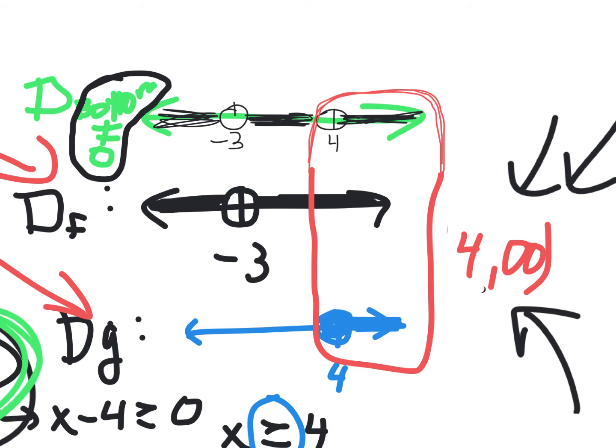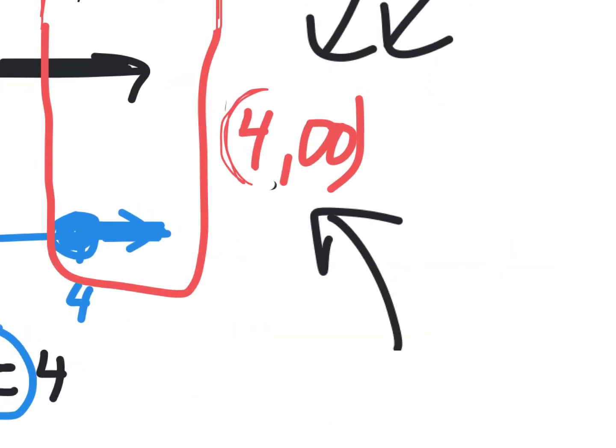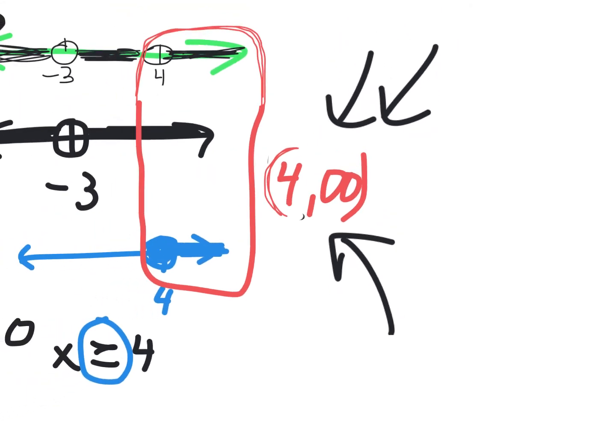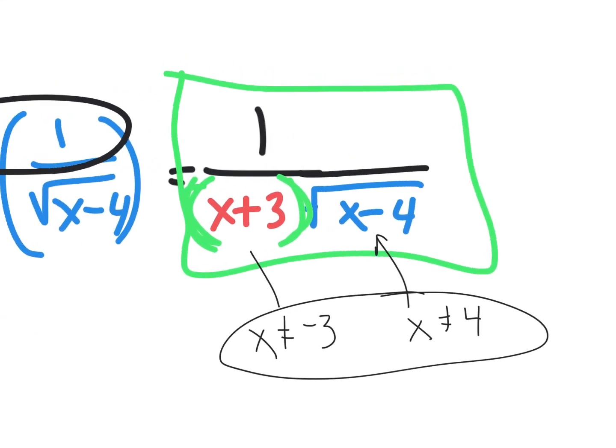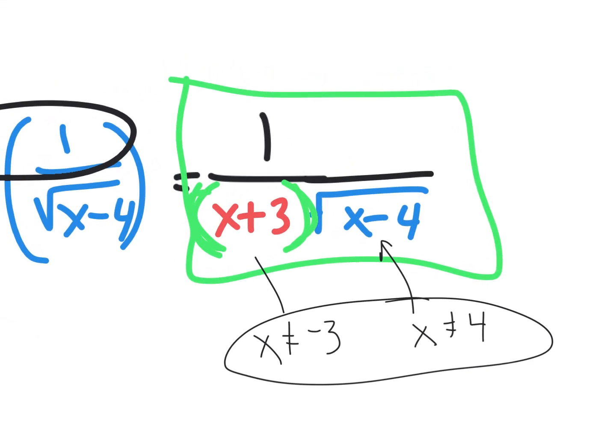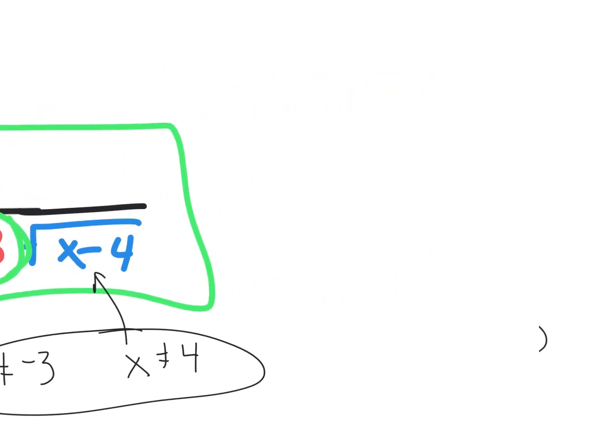Why can't it be 4? Because it'll make the bottom 0. So now it's parenthesis. For the divide problem, it's always a little more complicated, one extra layer. So my final answer for this question is the dividing of the two functions after it's simplified, and its domain will be, can't be 4, but it can go to infinity. So x is greater than 4.